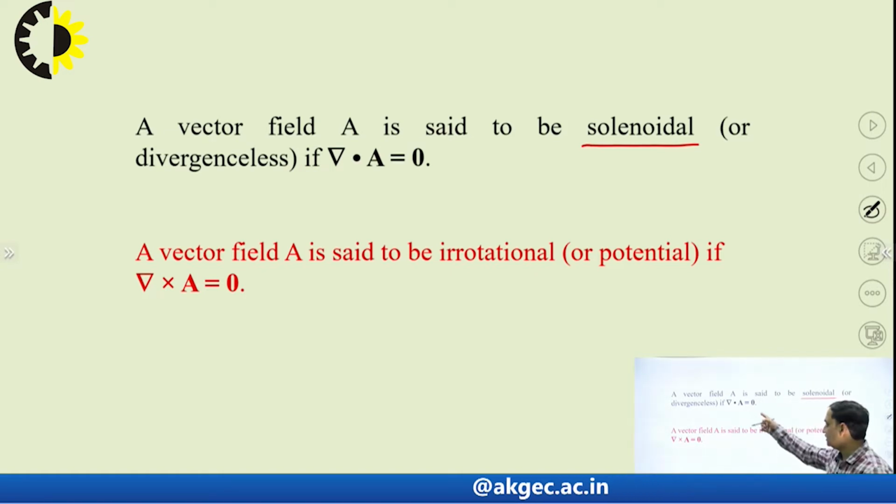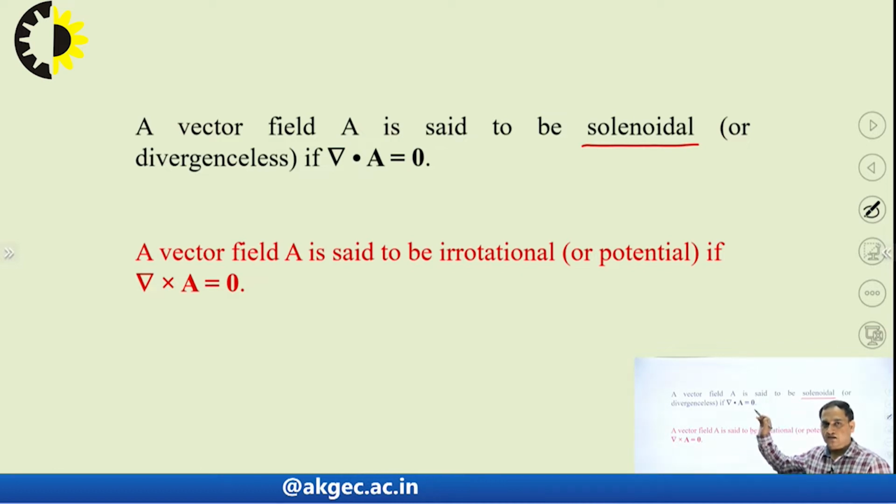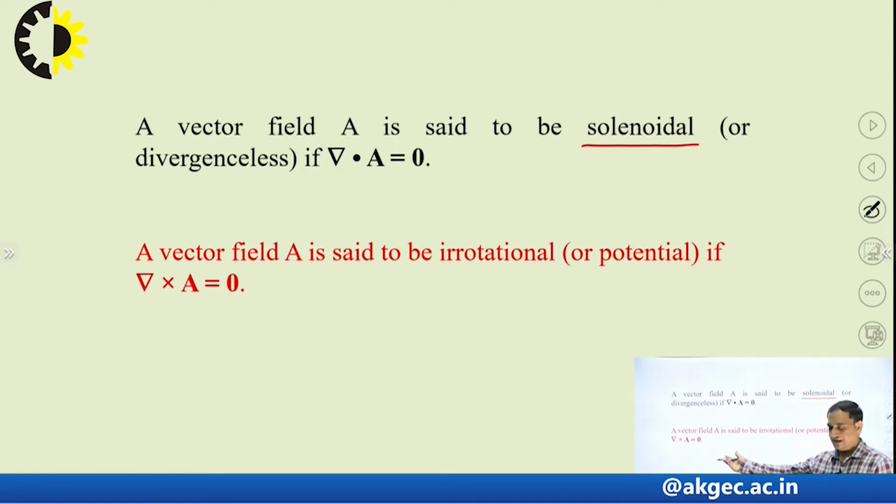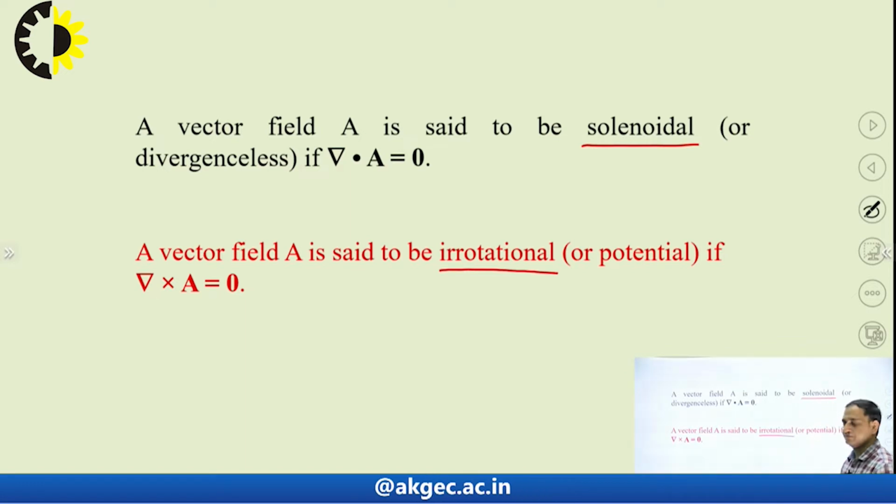If del dot A is equal to some value, there is a divergence involved, which may be positive or negative divergence. If it is 0, then this quantity is divergenceless. Similar to that, when we take the curl of a vector field and we get the value 0, this is the representation of an irrotational vector. So in this case, it is irrotational.